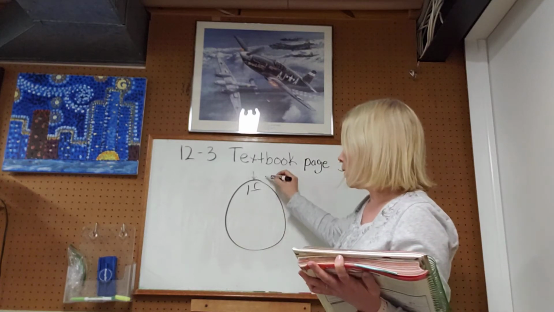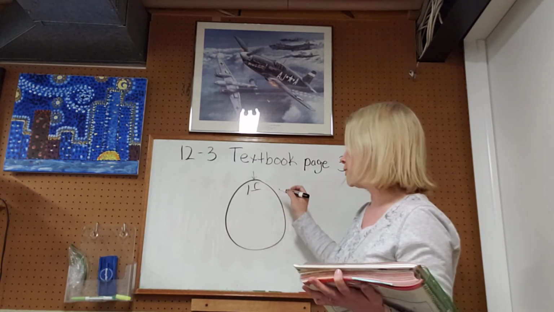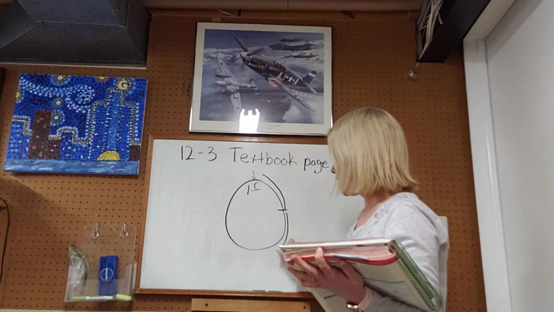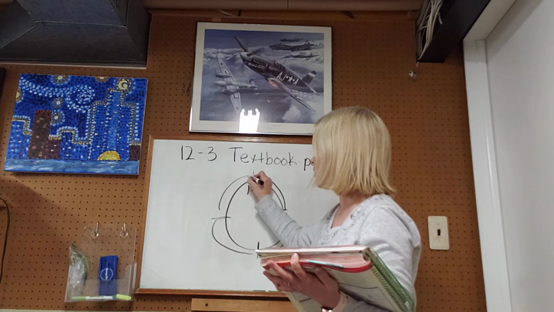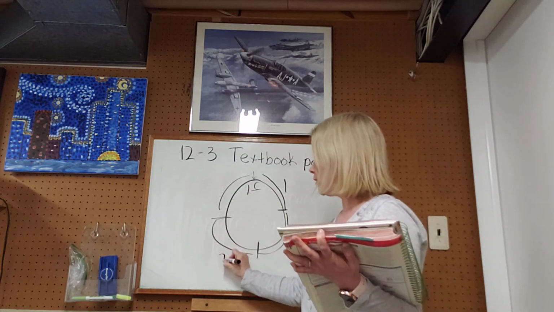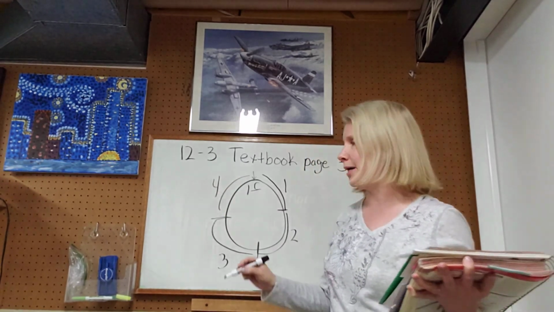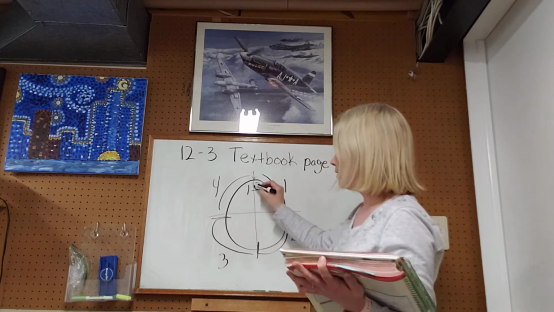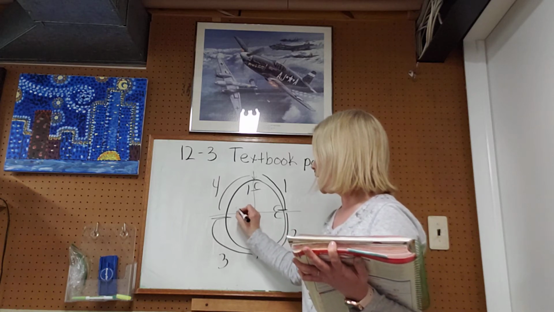So you go all the way around, and that's 1 whole hour. So if you were to only go this much, and then this much, and then this much, and then back to the beginning, that's 1, 2, 3, 4 parts. So 1 hour, you can break it up into 4 parts, the clock. This would be 12, this would be 3, this is 6, and this is 9.